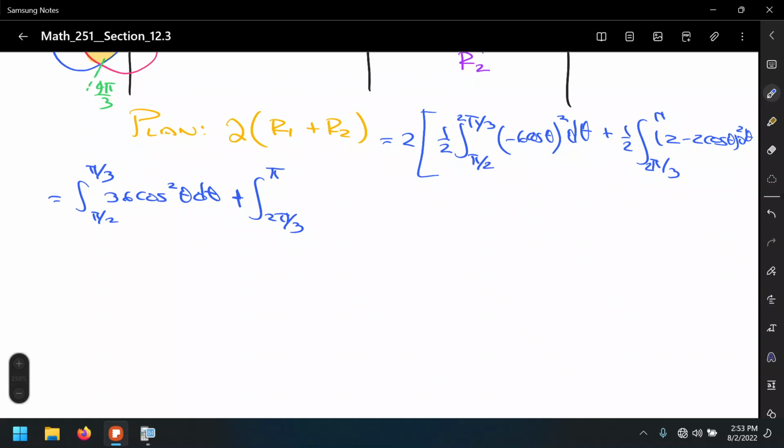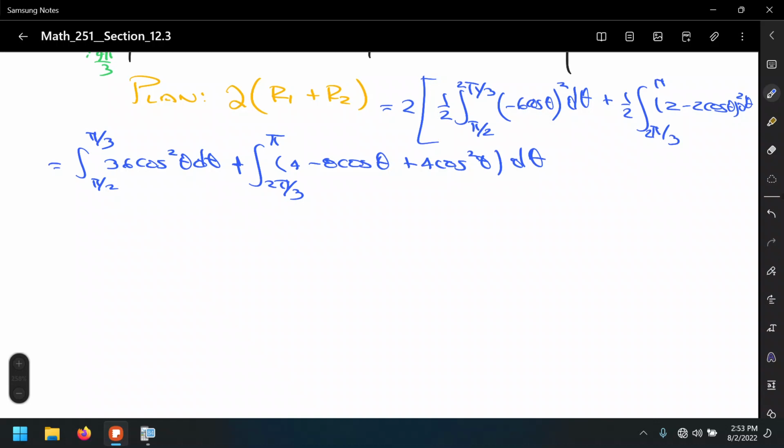And let's square this binomial. That's 2 squared, which is 4, plus 2 times 2, which is 4, that times 2, that's negative 8 cosine theta plus 4 cosine squared theta d theta.